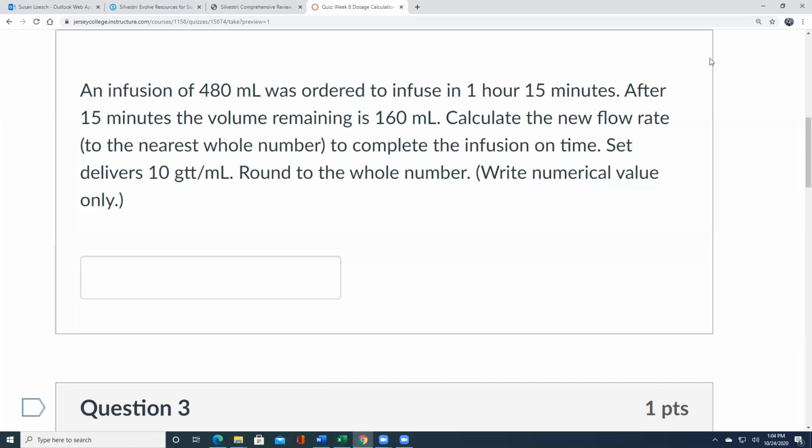Okay, so it should be 160 over 60 times 10. That's 27. That should be right.